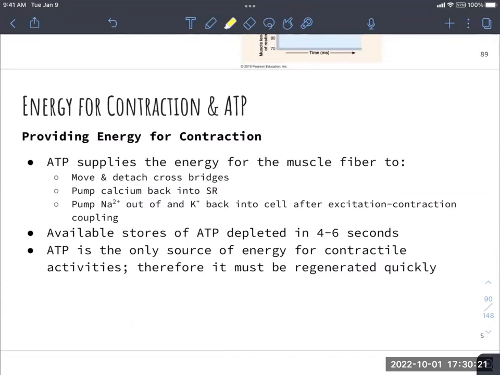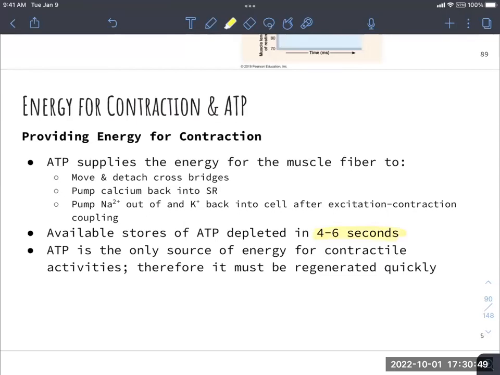So where do we get our ATP from? We have a store of ATP in our muscles, but we only have enough to last 4 to 6 seconds. And of course, ATP is the only source of energy for contractions.